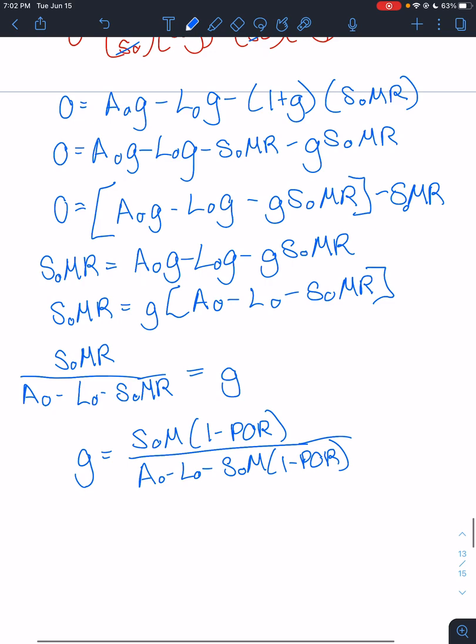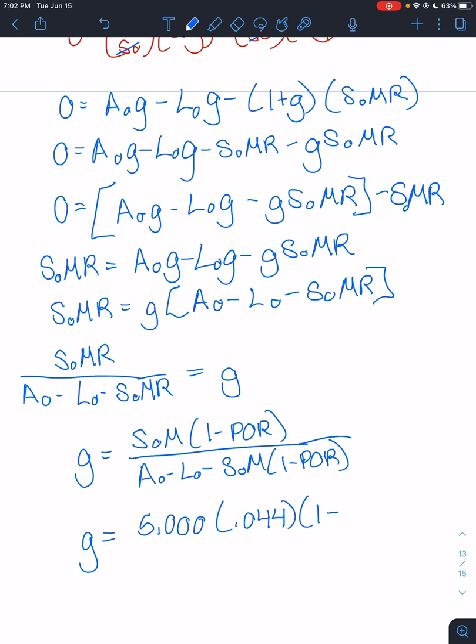And so let's see for our previous company. I'm gonna cheat and look at the chart on my printout over here, and we'll plug into this. Their original level of sales was 5,000. Their profit margin was 4.4%. Their payout ratio was 22.73.